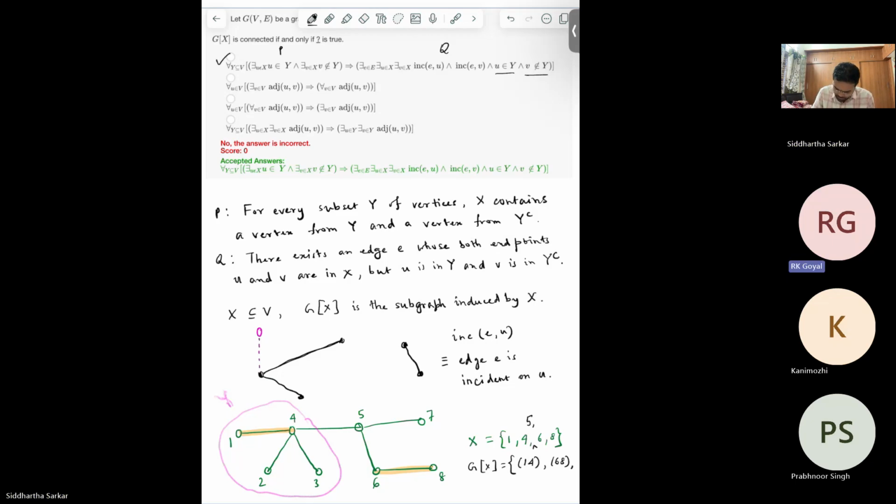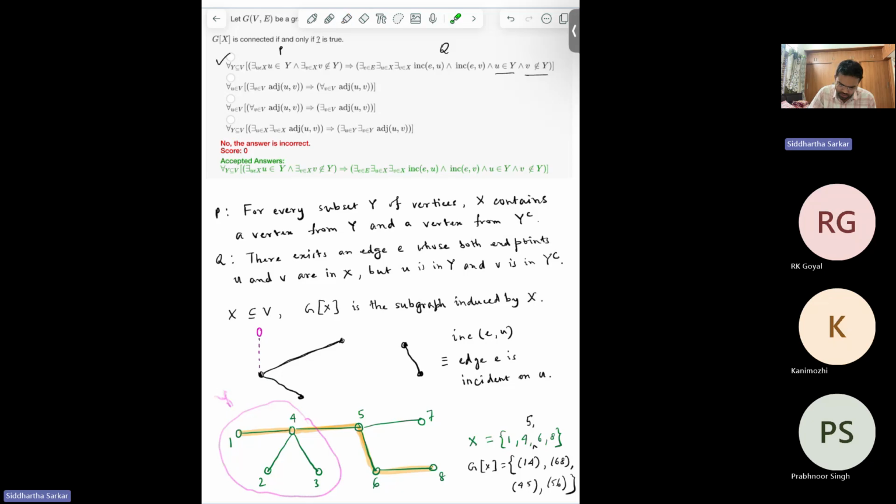Then 4, 5, 8 will also get included, and 5, 6 will also get included. These two only. So now GX becomes a connected subgraph. Now again we'll verify whether statement P implies statement Q. What is statement P?